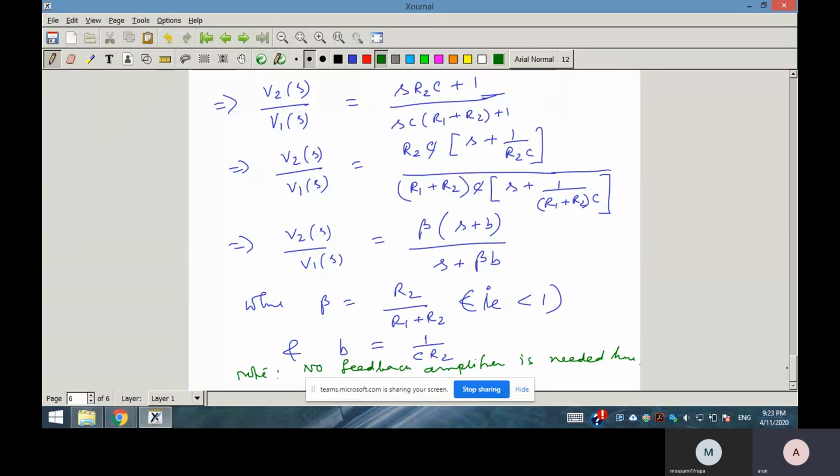Now lead lag or lag lead, which one we will want, that we have to discuss.